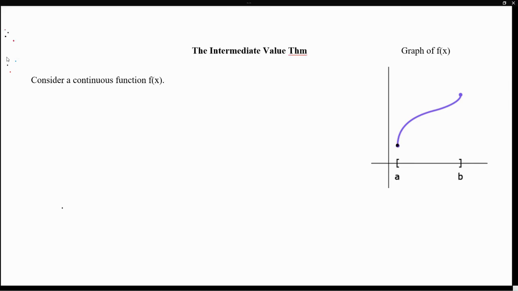Now, for notation purposes, let's look at this point. We can see that the y value is just f of a. That's the notation we'll be using, because if this is a, and this is the function f of x, then if I plug a into the function, I get f of a out.